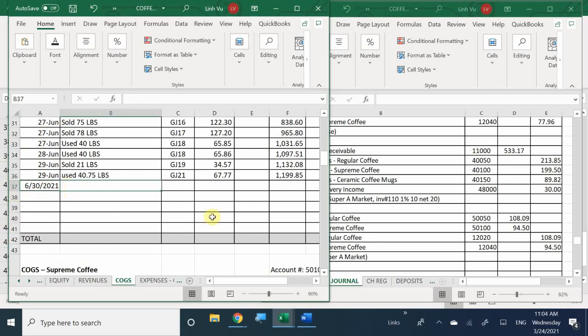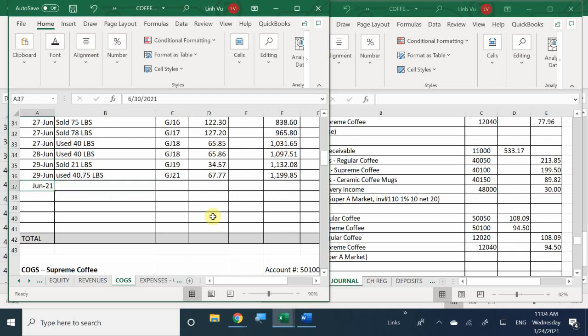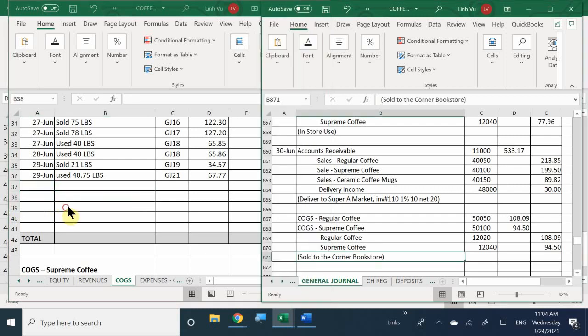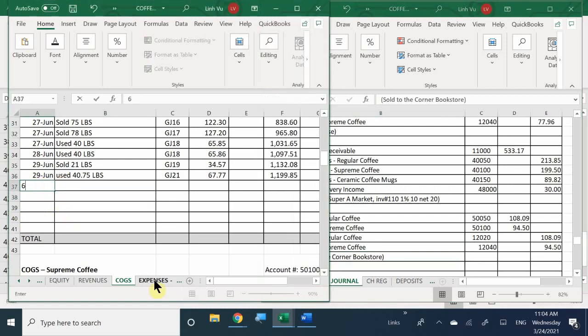Okay, so, or I could just, let me see. Let me just do undo. Can I do undo one more? Yes, I could, and undo. Okay, great. 6/30. There you go.